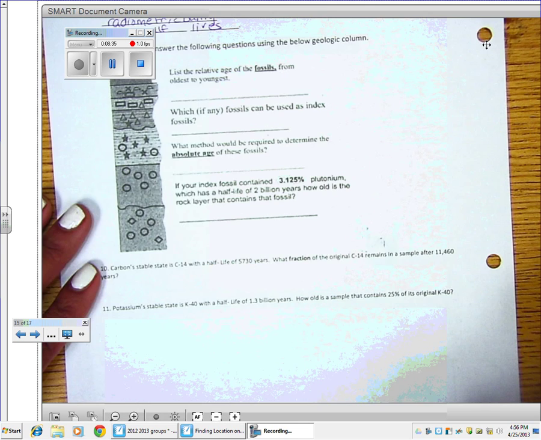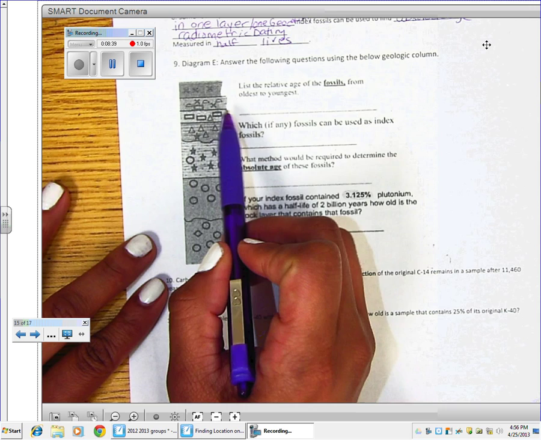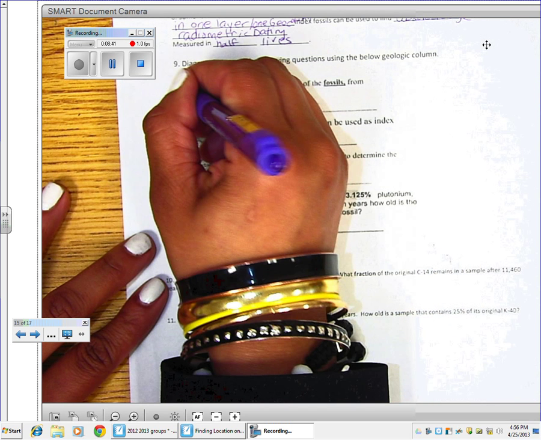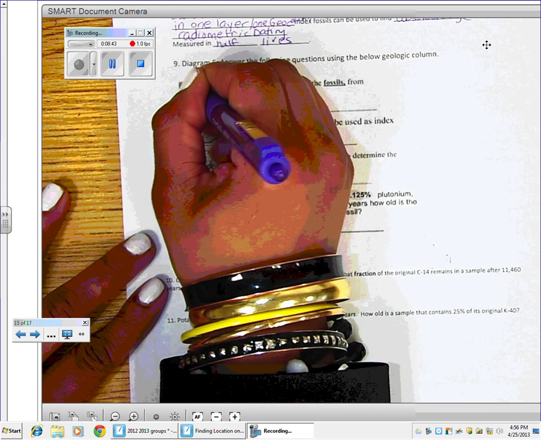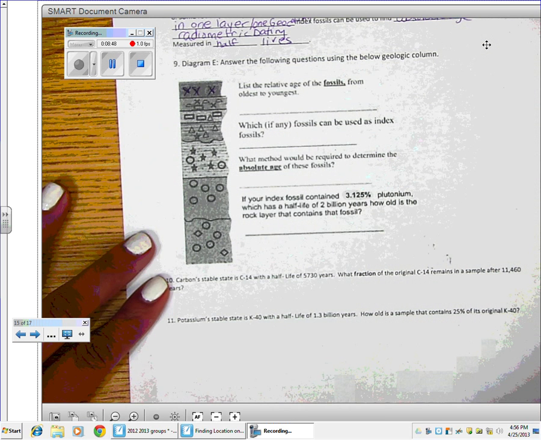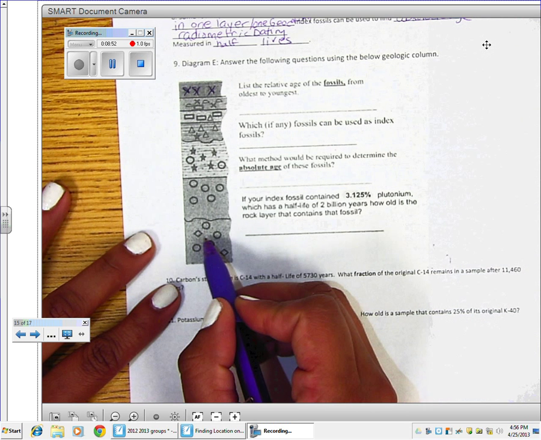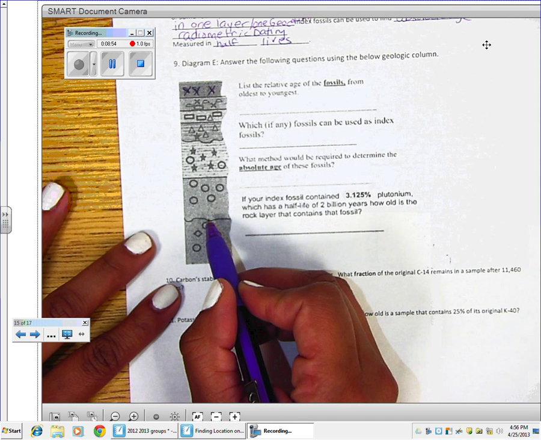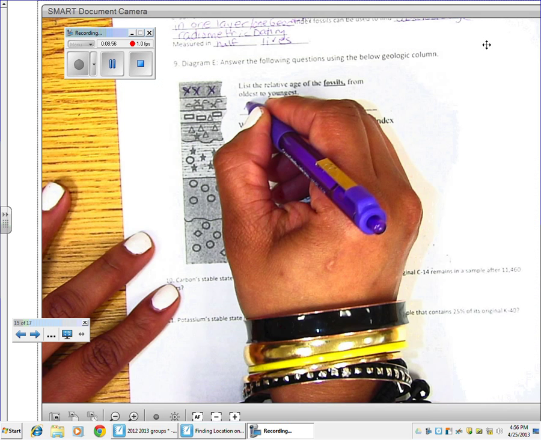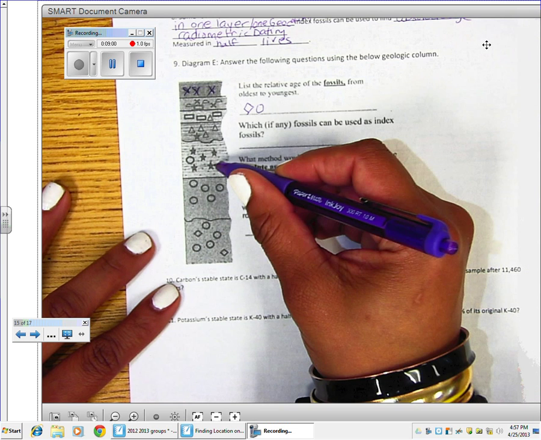All right, let's now look here. List the relative, let me just make sure you see these are X's. We're going to list the relative age of the fossils from oldest to youngest. So when we look here, we have triangles and circles, but circles continue, so our triangles come first. Then our circles show up.